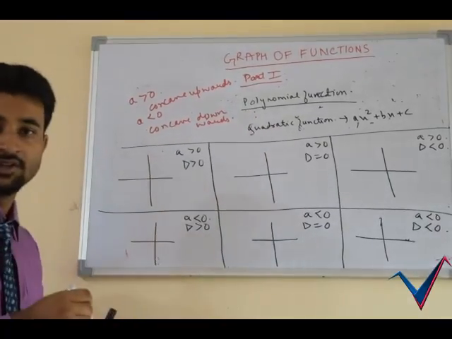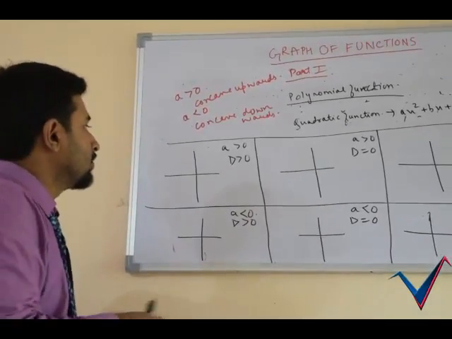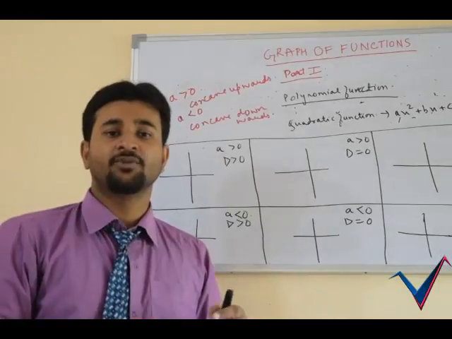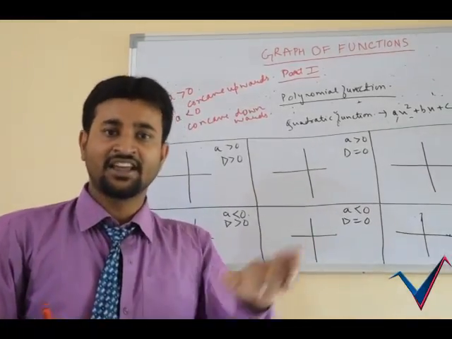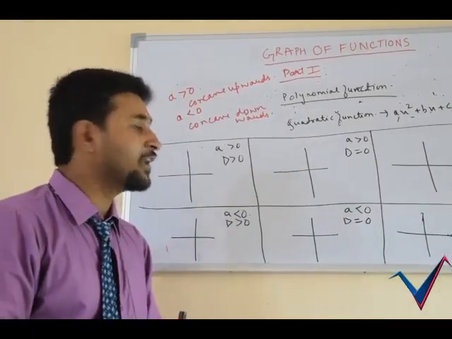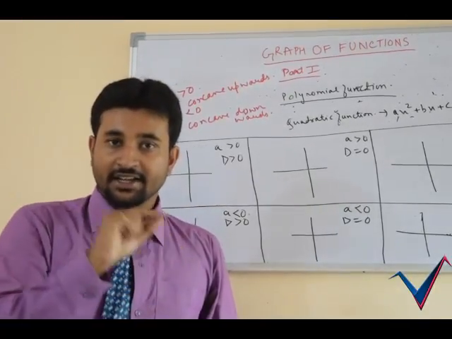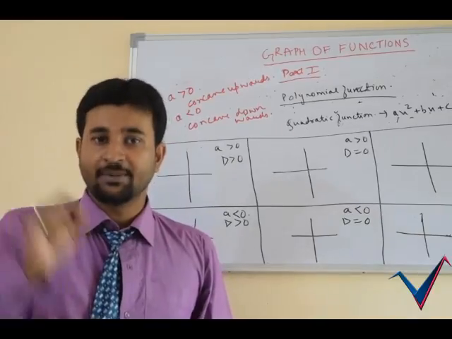And what do you mean by D greater than 0? D greater than 0 means the two values are real and different. The two values of the root were minus b plus root d by 2a, which we had studied, and minus b minus root d by 2a.